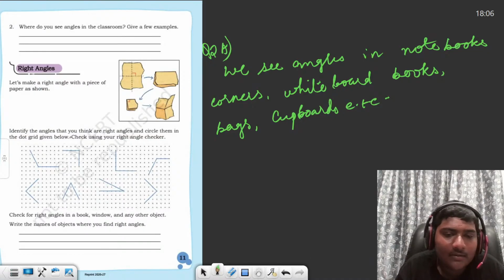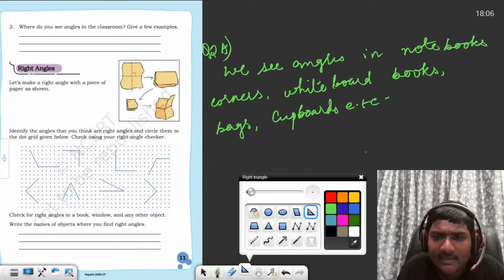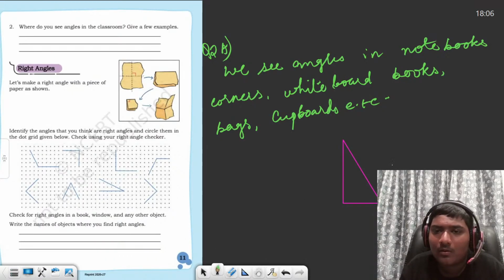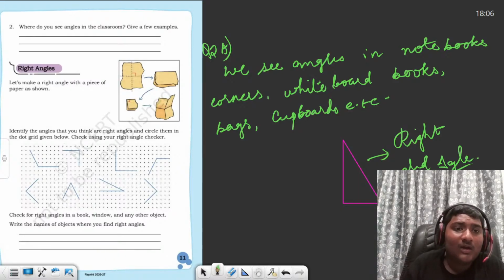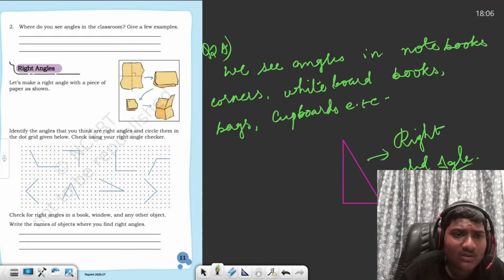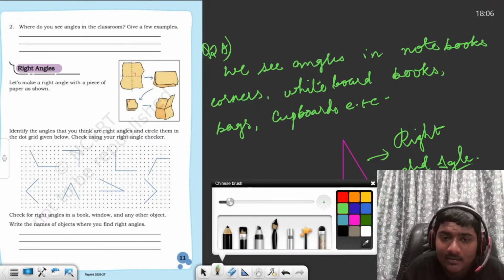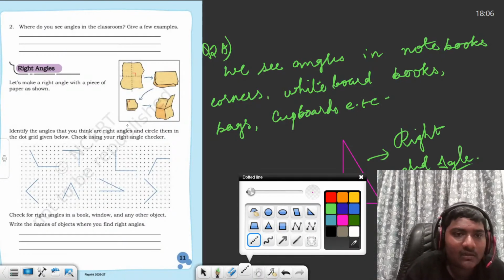Right angles. So what is meant by right angle, children? Let me know what is meant by right angle. So this is the right angle triangle. Okay. Let us make a paper. I already done this one. No need to make unnecessary things in the classroom, and do not waste that time as well.